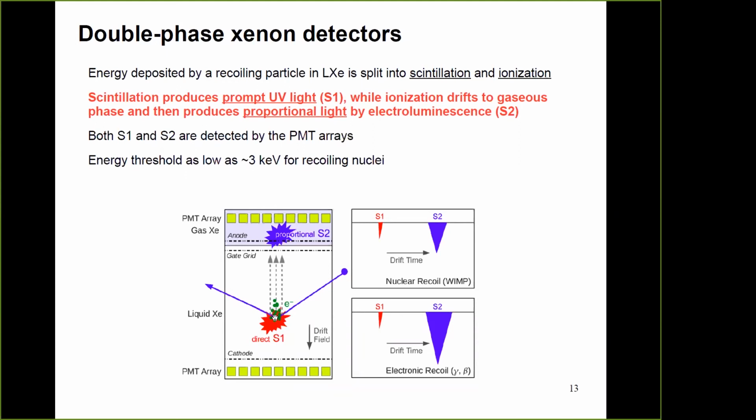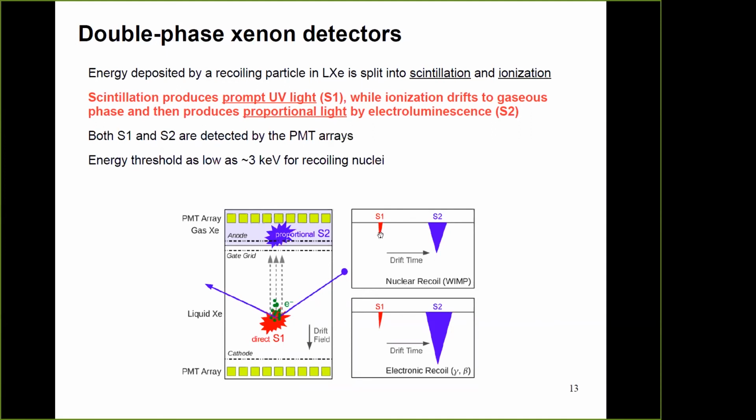Then we have the ionization that drifts because of the electric field and enters the gaseous region. And then in the gaseous region, it produces light proportional to the amount of ionization, by a process called electroluminescence. And then with some delay given by the drift time of the electrons, there is a secondary signal produced by this electroluminescence, which is called S2.